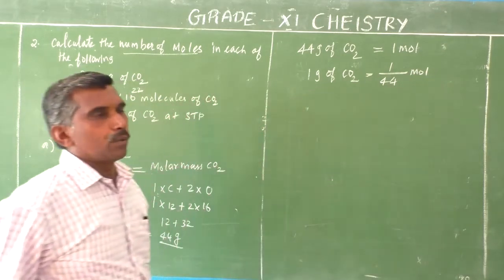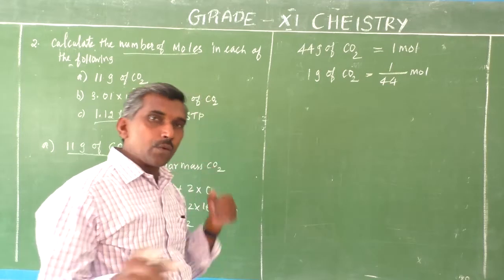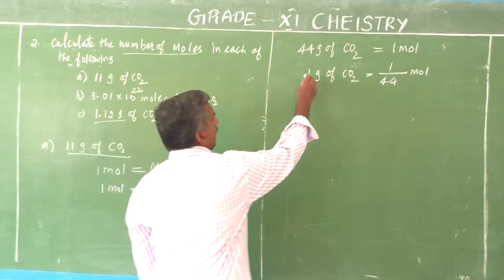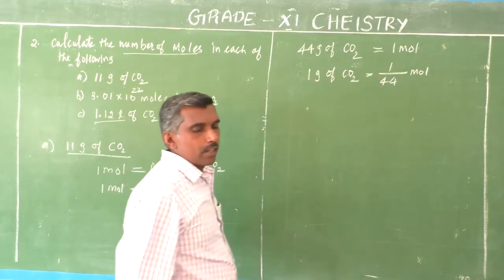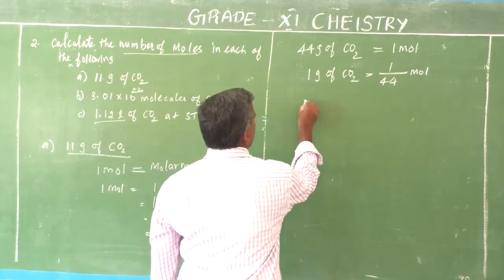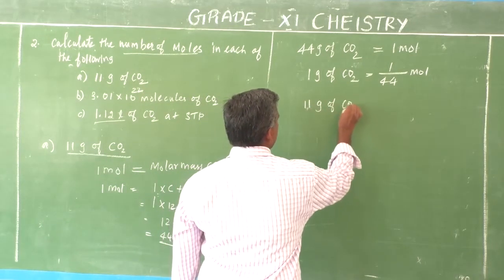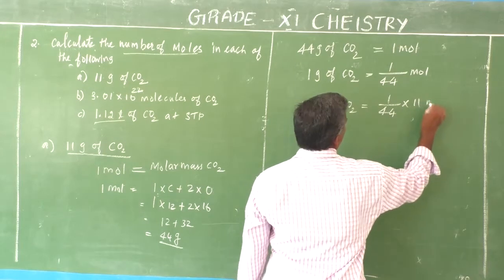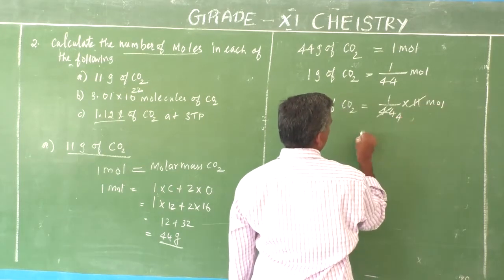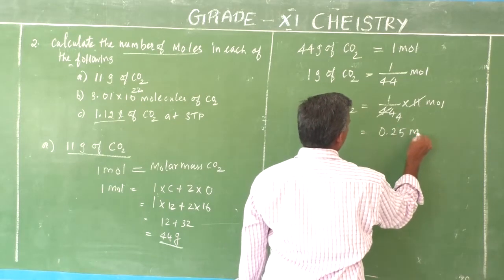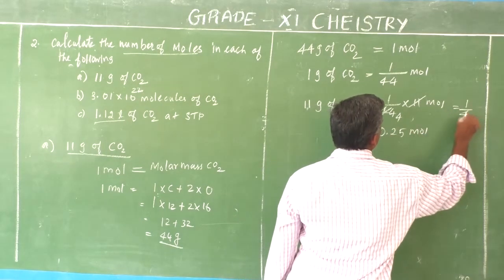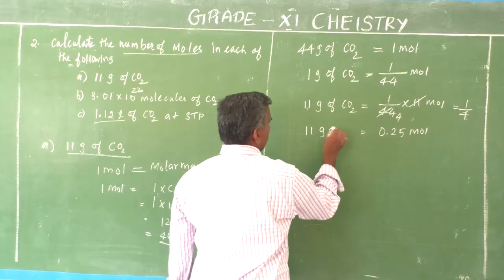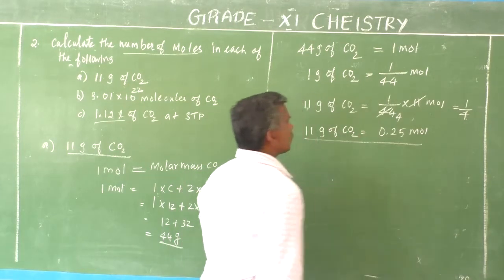Now 11 gram of carbon dioxide: you multiply by 11, 1 by 44 into 11 mole. You cancel, it is 4, that is 1 by 4, which is 0.25 moles. 11 gram of carbon dioxide contains 0.25 moles.